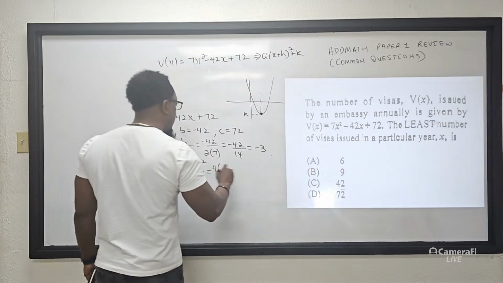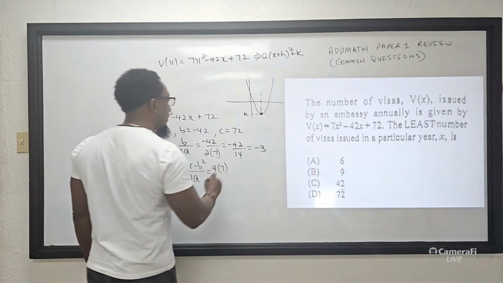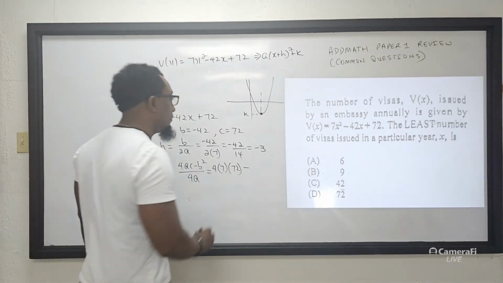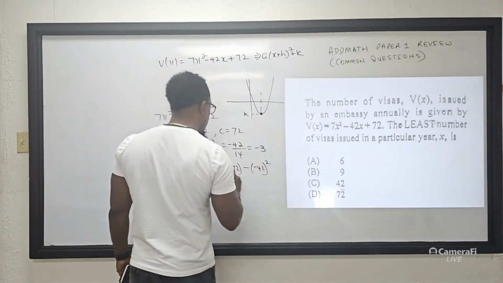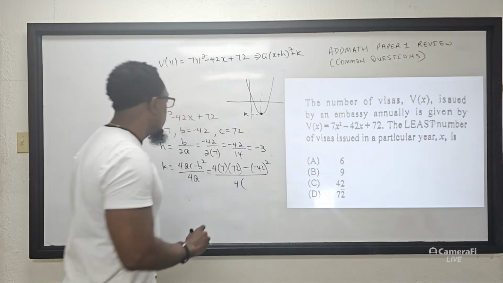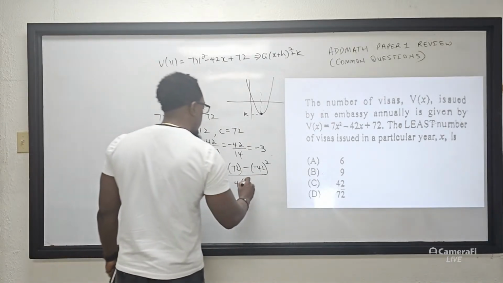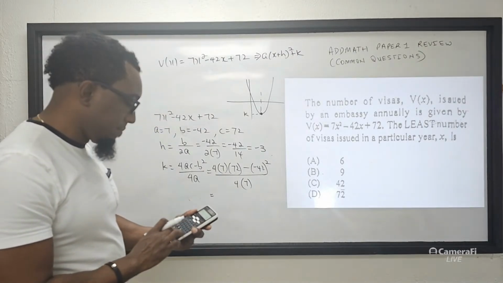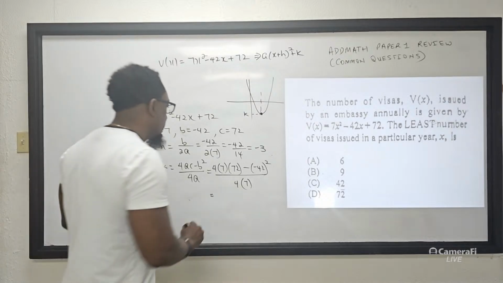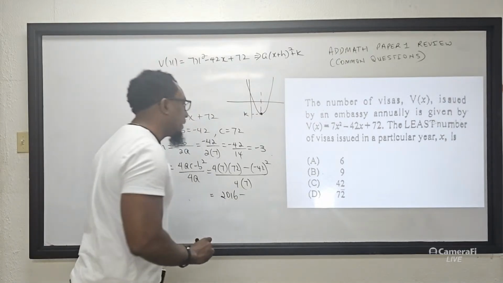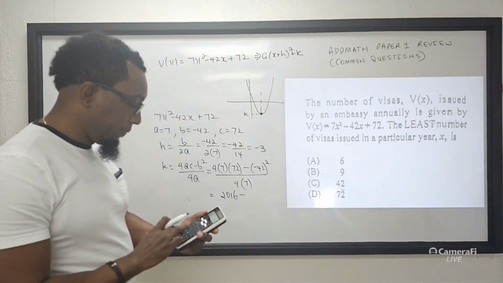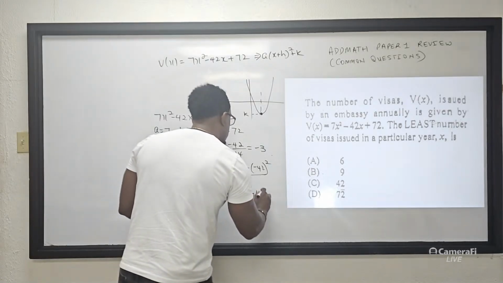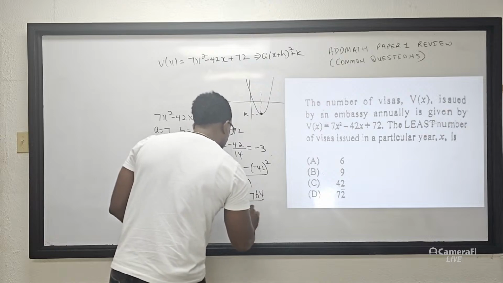So this will be 4 times a, which is 7, c, which is 72 in brackets, subtract b, which will be negative 42 in brackets squared, all over 4 times a, which is 7. So I'm going to get 4 by 7 by 72 gives me 2016, subtract negative 42 squared will be 1764 divided by 28.